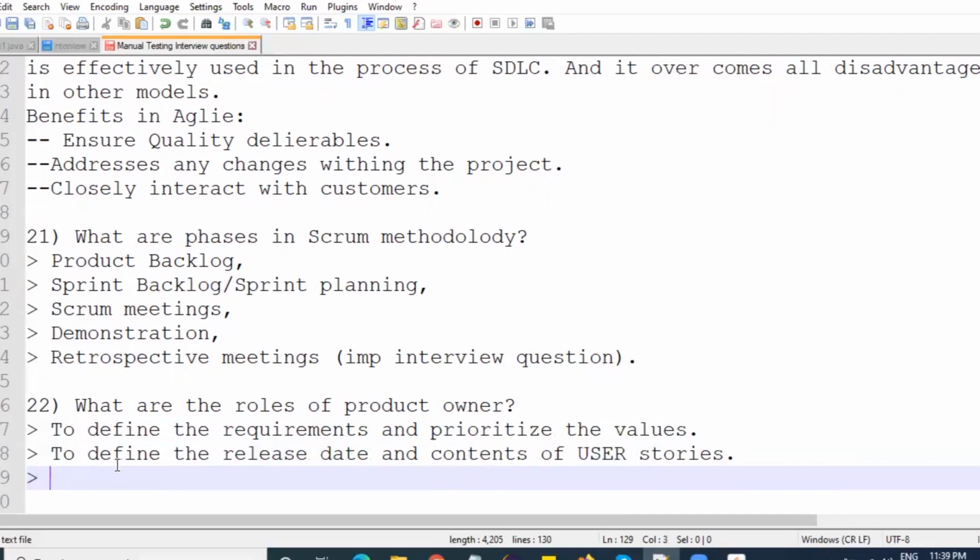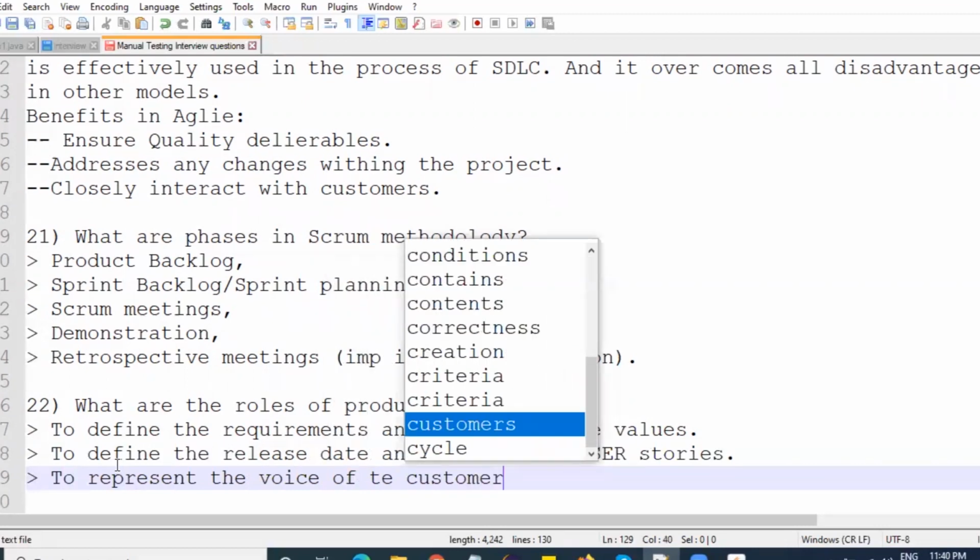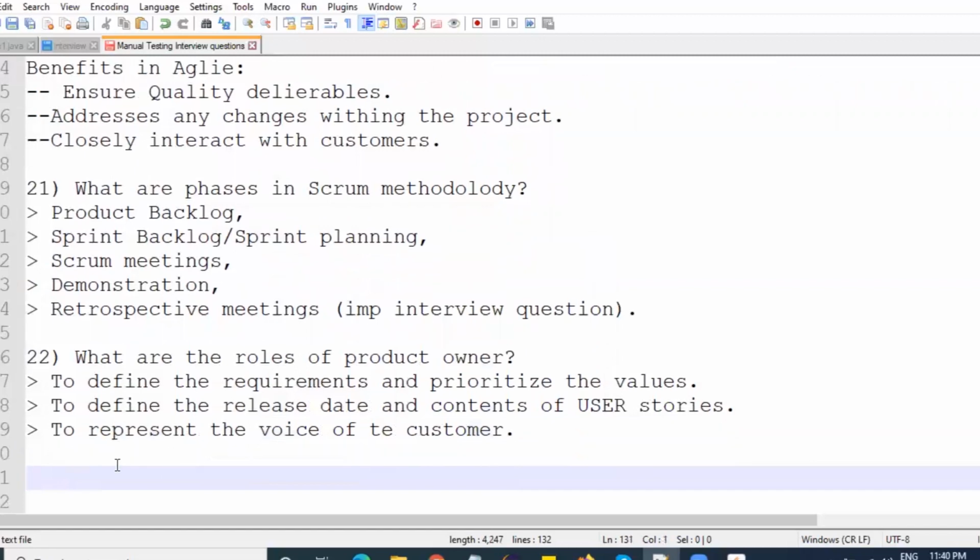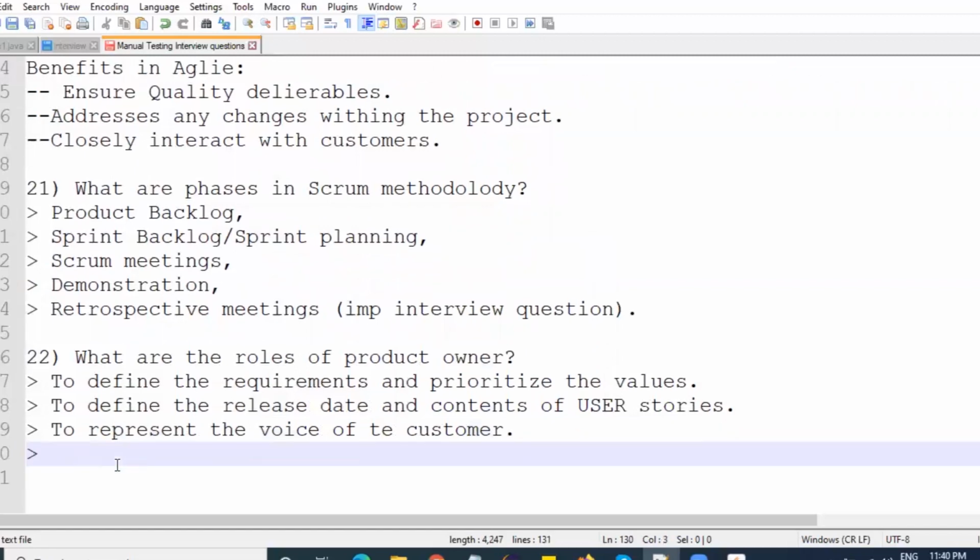And he is a representative of the product to the customers, the voice of the customer. Sometimes you can consider he or she can be a client also.